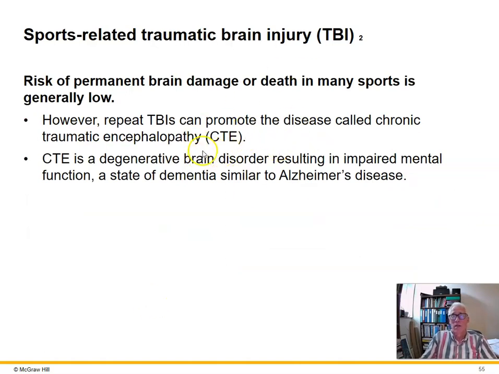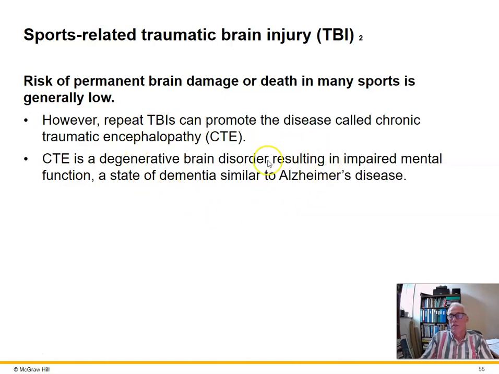Again, repeated concussions or traumatic brain injuries will potentially lead to a permanent destruction of neural tissue in the brain. So that's called chronic traumatic encephalopathy, which means something wrong with the brain, damage to the brain.